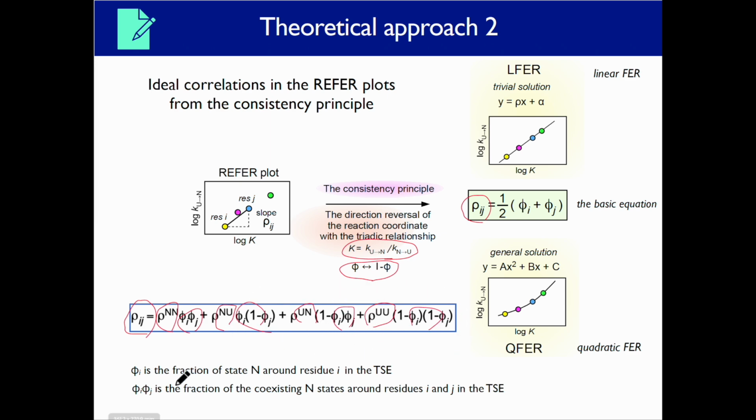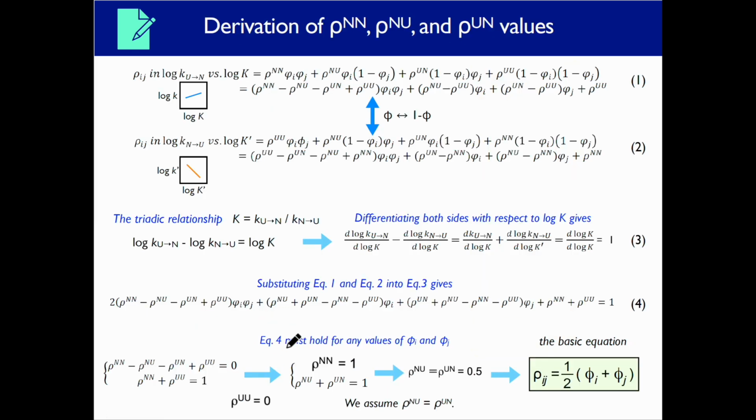Of course, phi i is the fraction of state N around residue i in the TSE, and the product is the fraction of the coexistence of N states around two residues in the TSE. And this is a weighted sum here. This is a forward rho ij, and this is a backward rho ij. They have to connect using this equation.